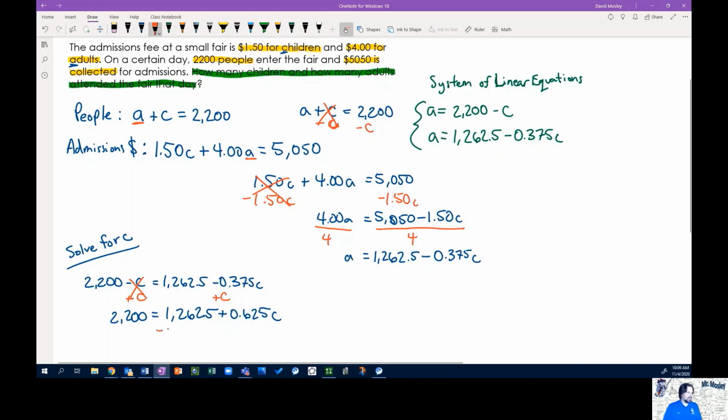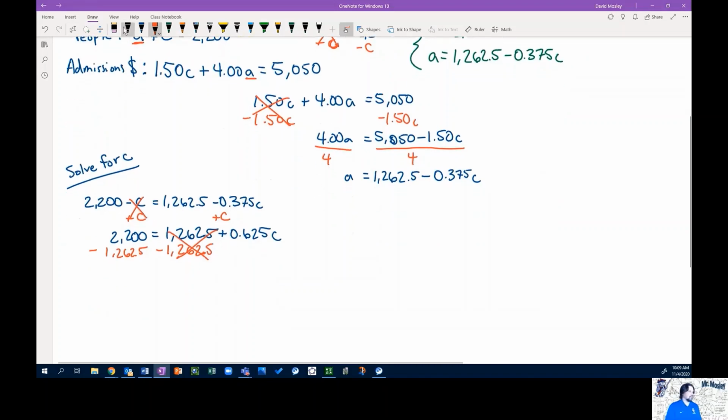Then I need to subtract 1262.5 from the right-hand side, so I also have to do that to the left-hand side. My number is gone here. I'll be left with 0.625C equal to 937.5.